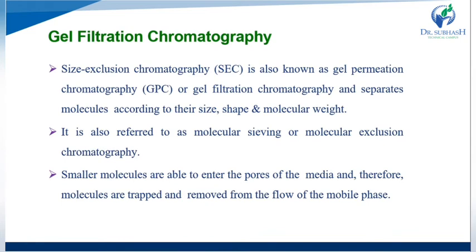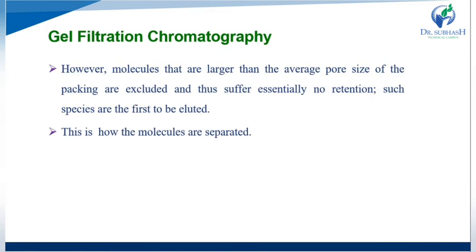Smaller molecules are able to enter the pores of the media, and therefore are trapped and removed from the flow of the mobile phase. However, molecules that are larger than the average pore size of the packing are excluded and thus suffer essentially no retention.